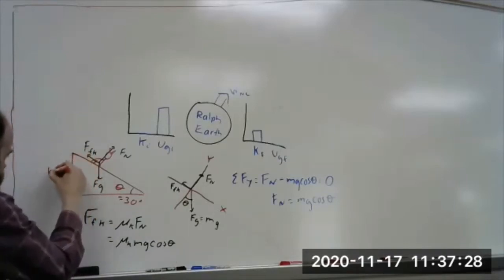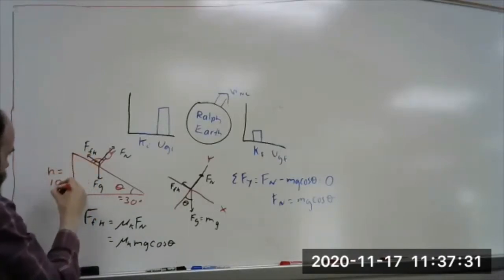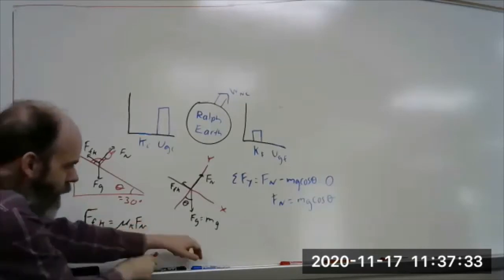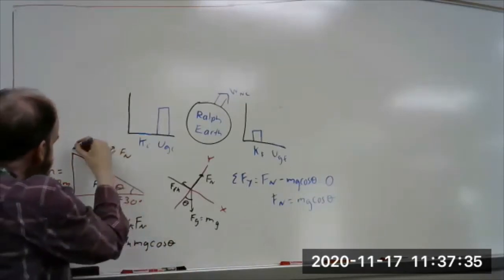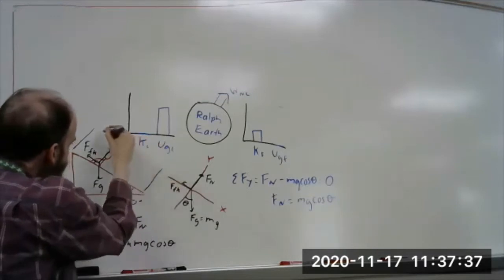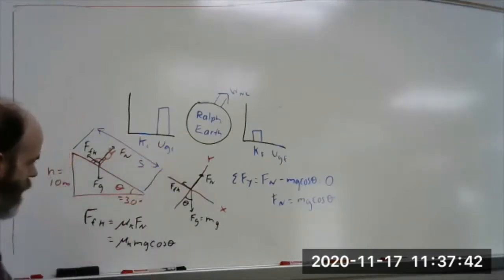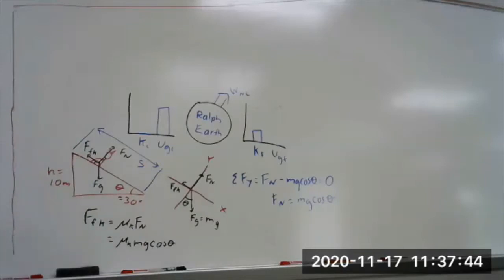So this is h. It equals 10 meters. And when he slides down the ramp, how far did he travel? Let's say he traveled this distance. Let's call this S. So we find out what S is from trigonometry.